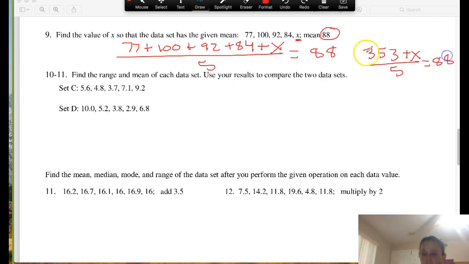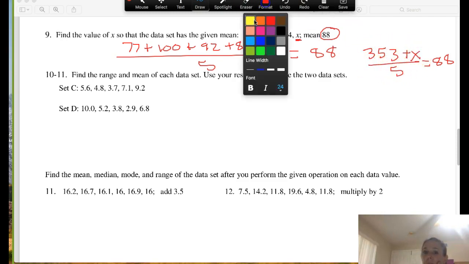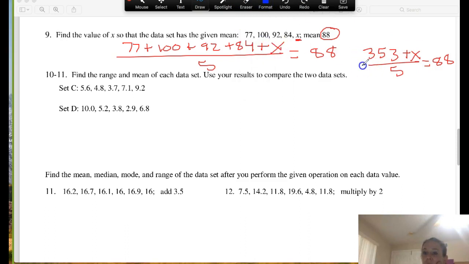So what you just have is a little algebra problem. Add these all up, plus x, divide by 5, that equals 88. Now, to get rid of a division, this whole thing is divided by 5, so I can get rid of it by multiplying both sides by 5.